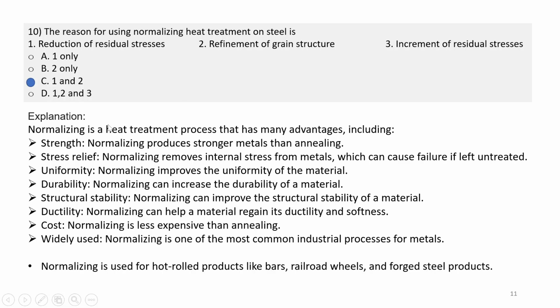So as we know, normalizing improves the strength of material, refines the grain structure, and also reduces and relieves the stresses. It also provides uniform microstructure, durability, and ductility because of the fine pearlite formation.